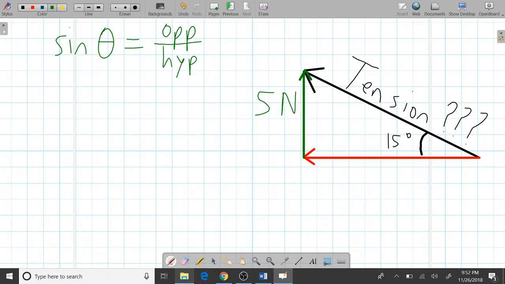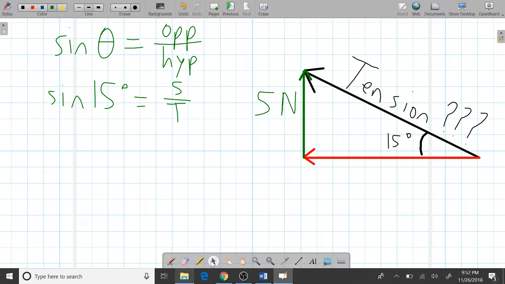So sine of 15 degrees is equal to our opposite side, 5 newtons, divided by our hypotenuse, which is the tension of the wire. I'll put a T there for tension, because that's what we're trying to find.